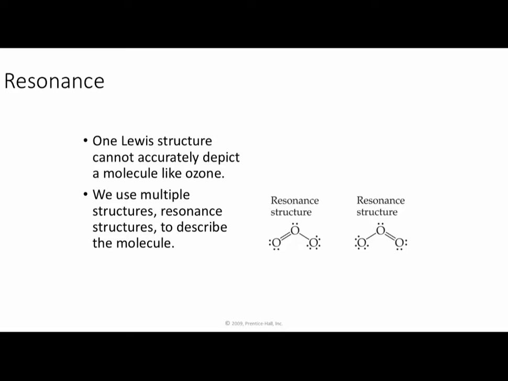So if we were to draw the Lewis structure, this one, and then just put the double bond on the other side, in reality, the ozone molecule is a mixture of these two. This second bond actually gets blended across the molecule.